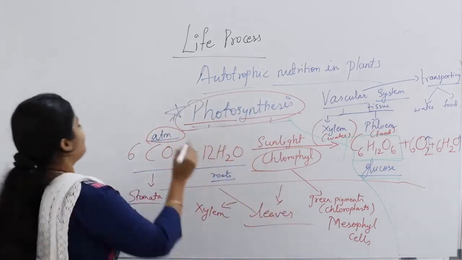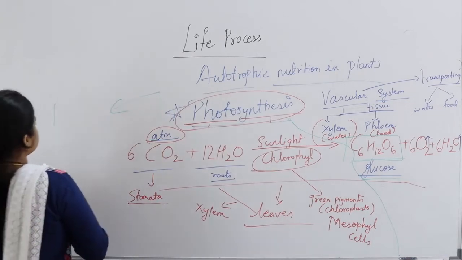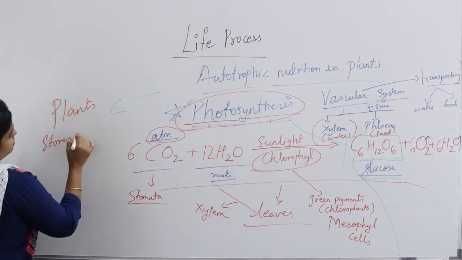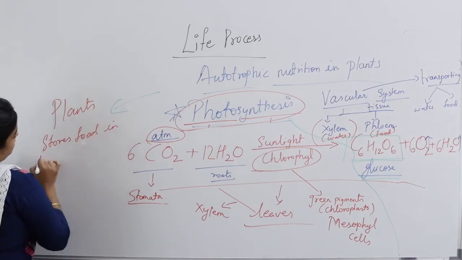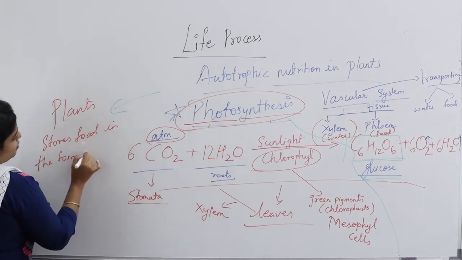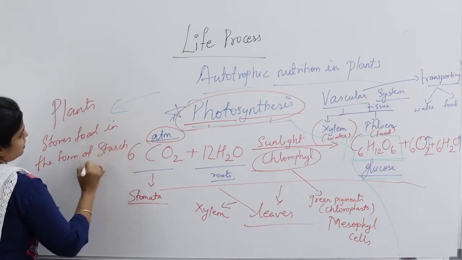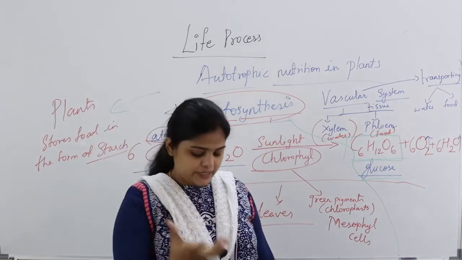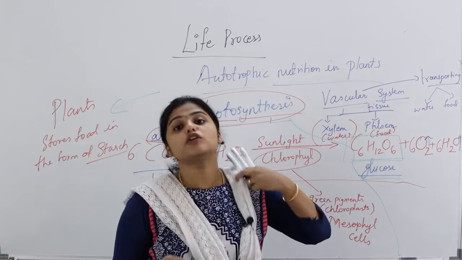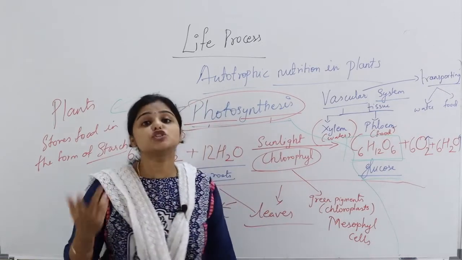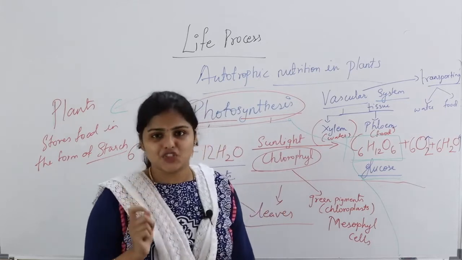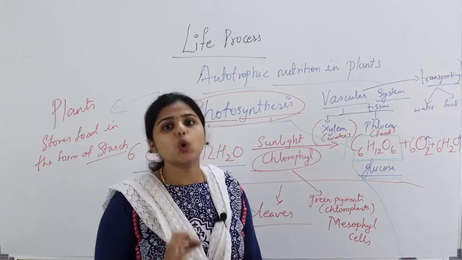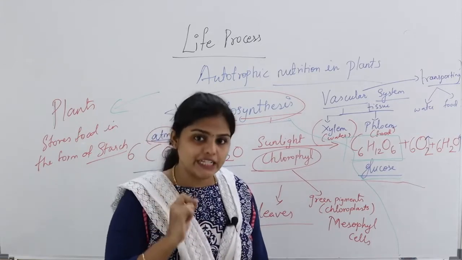The plant stores the food in the form of starch. When there is immediate need, it uses glucose, but the excess has to be stored, and it is stored in the form of starch. It's very important that you know the plant stores the food, that is glucose, in the form of starch when it is not required.